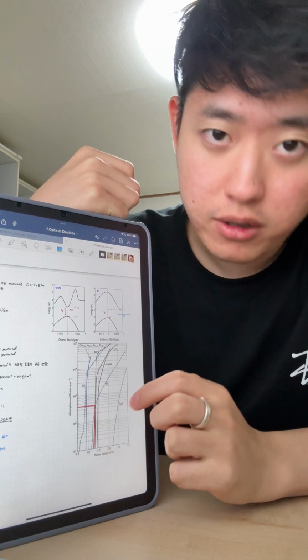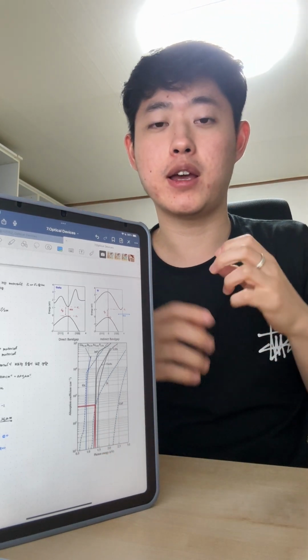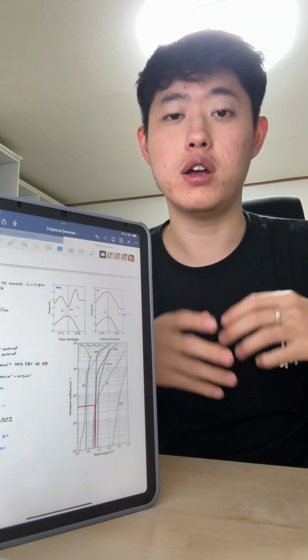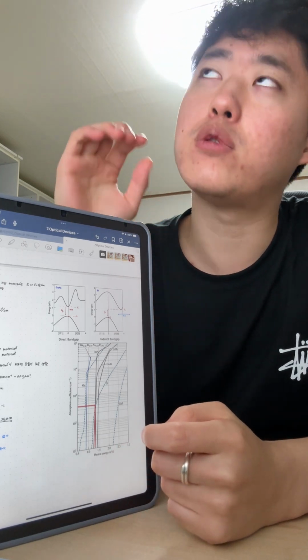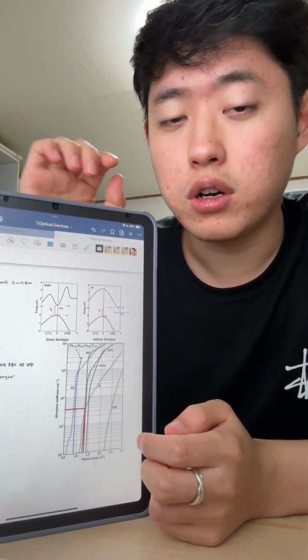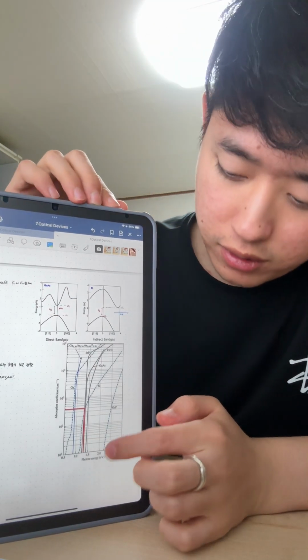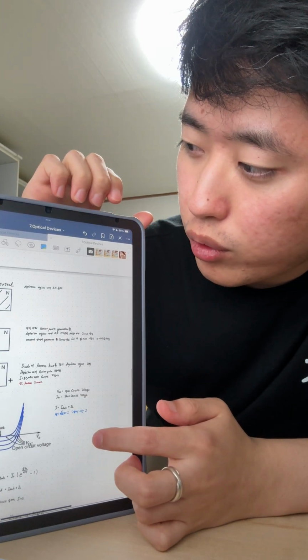So a direct band gap material has more alpha, a higher absorption coefficient.